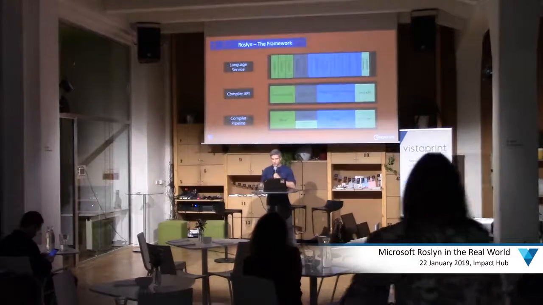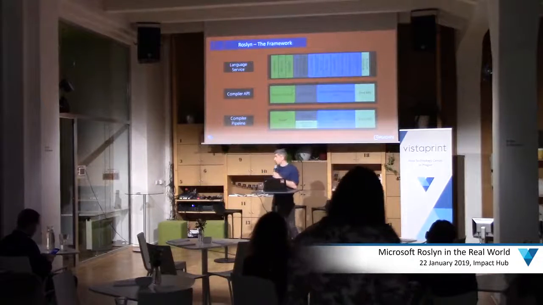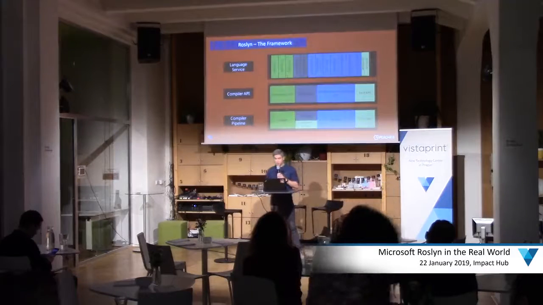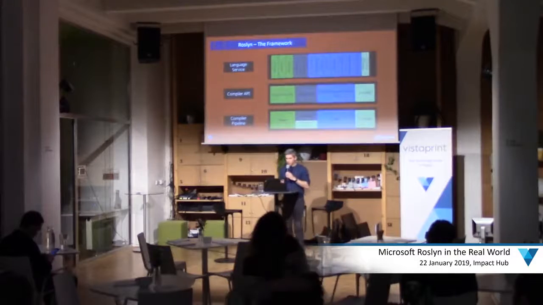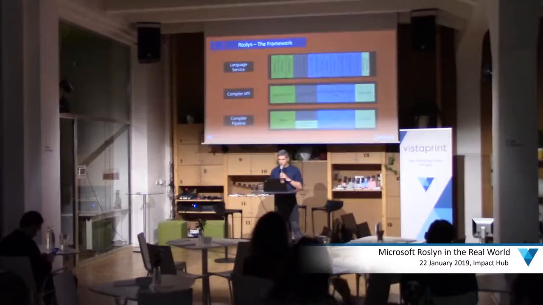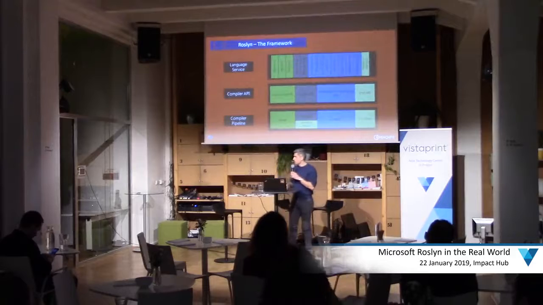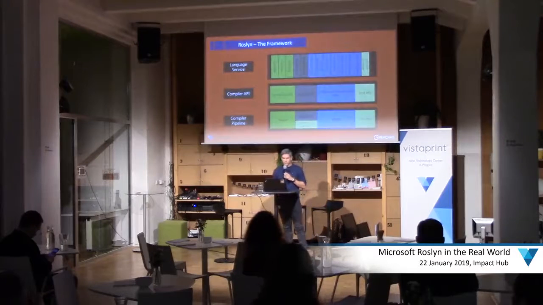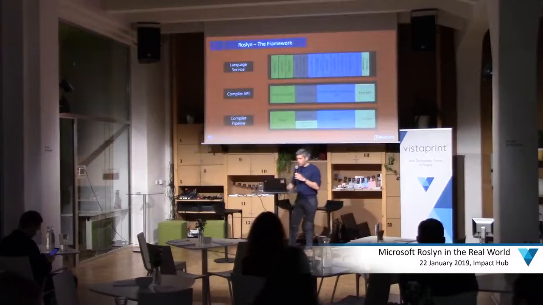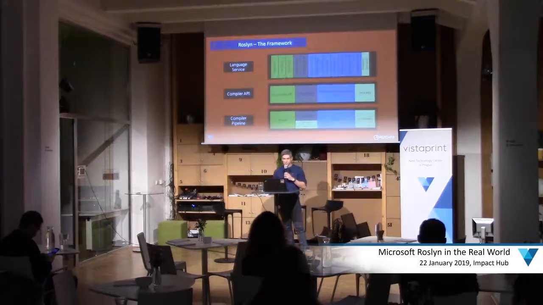First, it's a complete compiler. You can know it because all the developers of the .NET platform are using this technology. And what you might know from your experience is the upper part of this picture. It's called the language service.